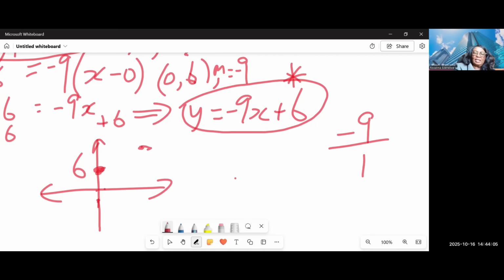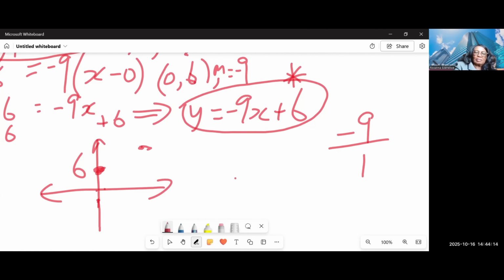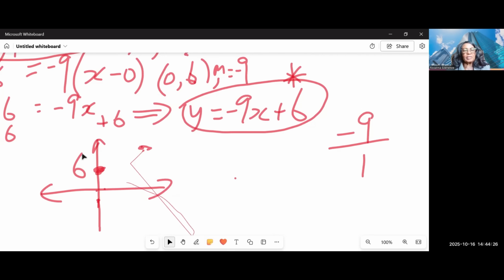The line is sloping to the left. Something like this, but it has to pass through the point 6.